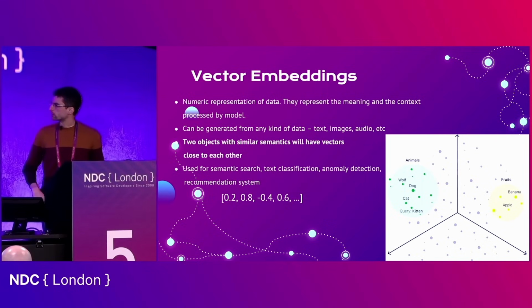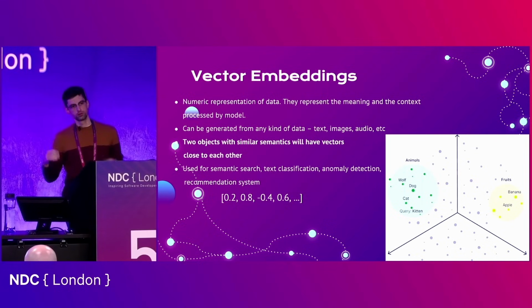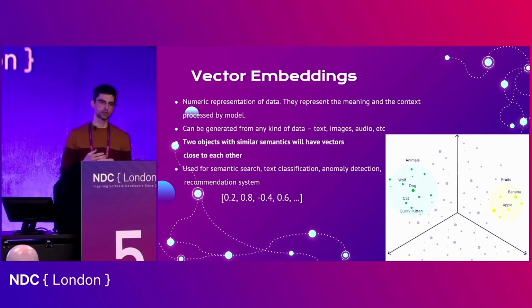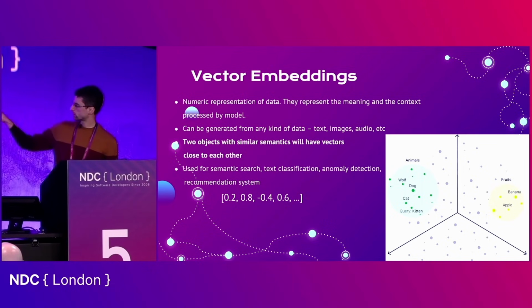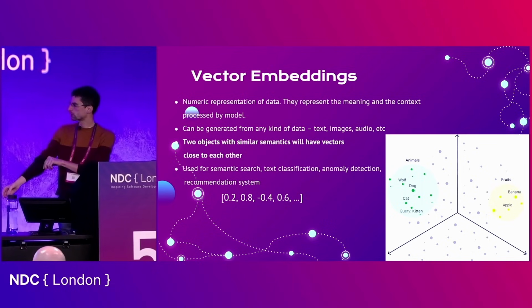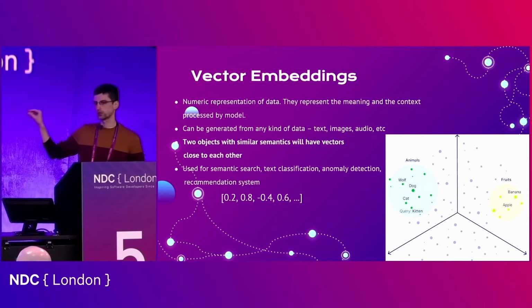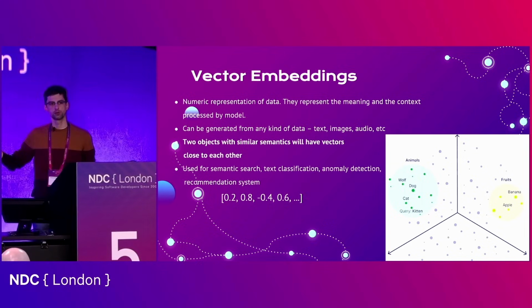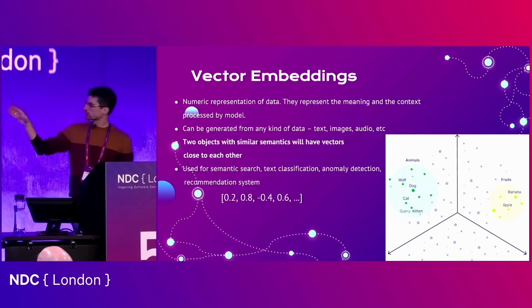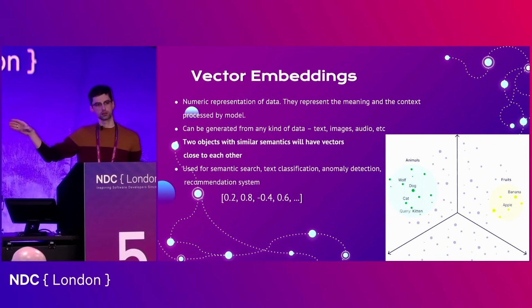If we assume, for example, a three-dimensional vector embedding, we can see that in one section we have fruits, and in this section we have different fruits. They are near each other because all of them are fruits. In another section we will have animals.